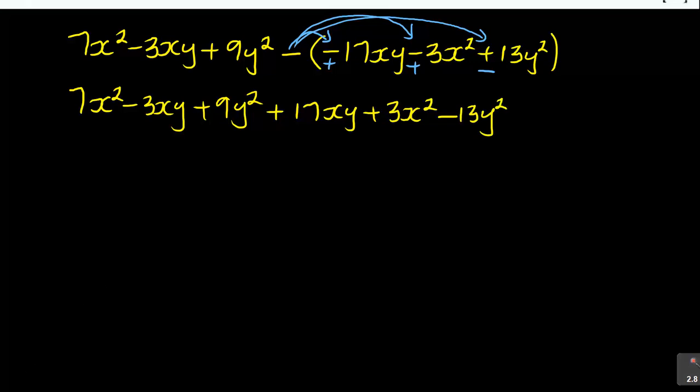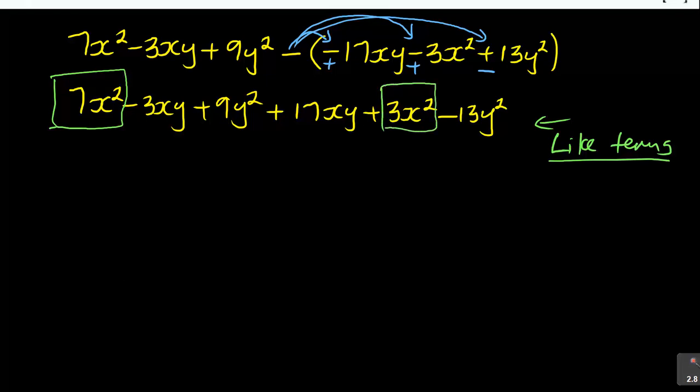Now, the next important thing here was to collect like terms. That's what you're doing at this stage. Anything that is similar, collect it. Anything that is not similar, leave it out. For example, let's focus on the x squared. I have got x squared there, and I have got x squared there.